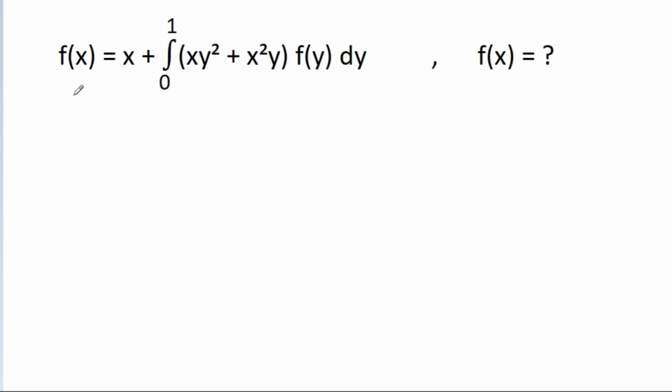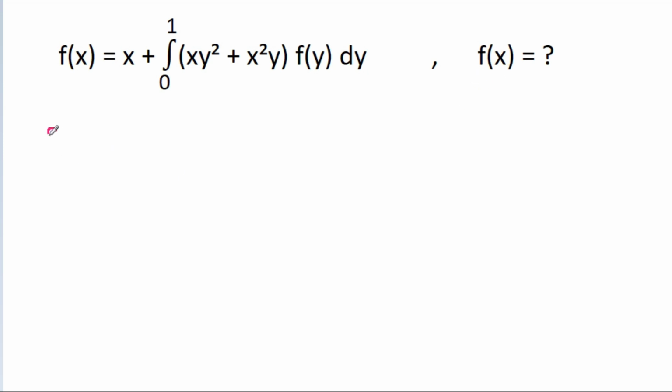In this video, we have given that f(x) is equal to x plus the integral from 0 to 1 of (xy square plus x square y) f(y) dy, and we have to find the value of f(x).